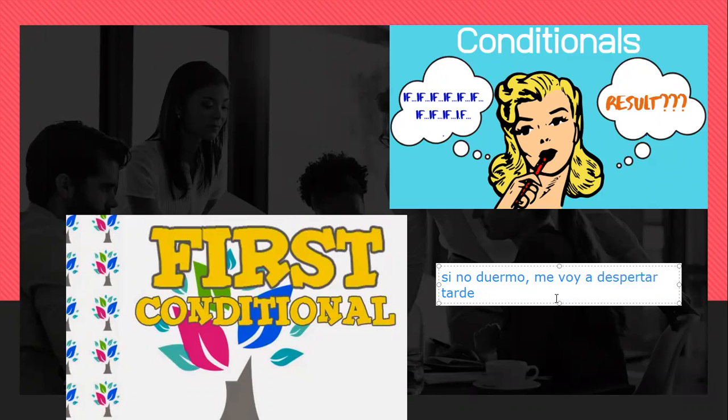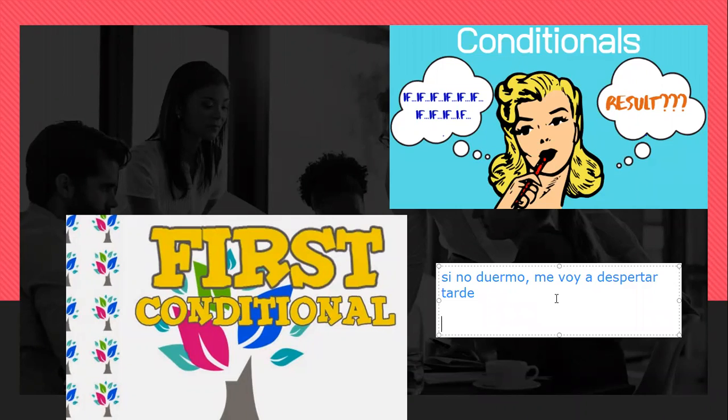The cause is going to be in simple present. If I don't sleep, the effect is going to be with will: I will wake up late. So that's the situation that we got.